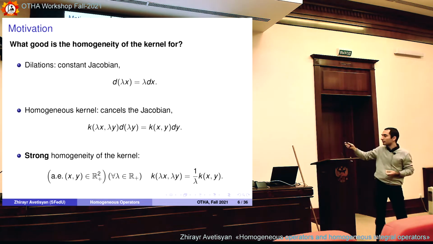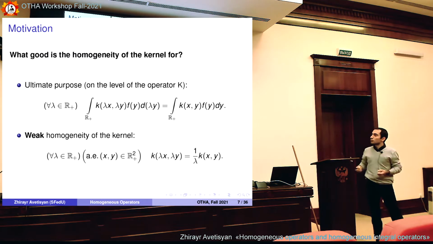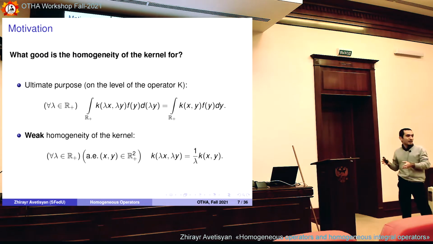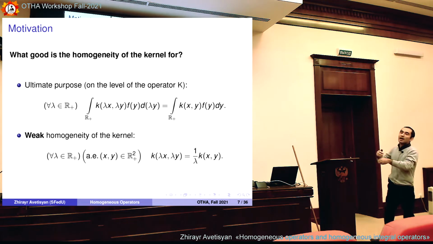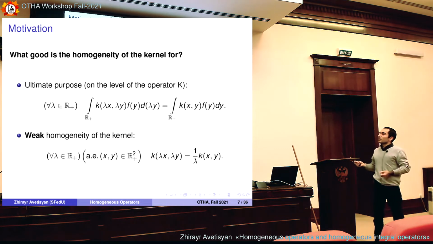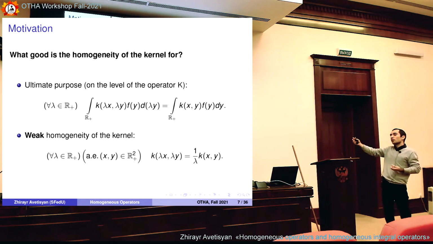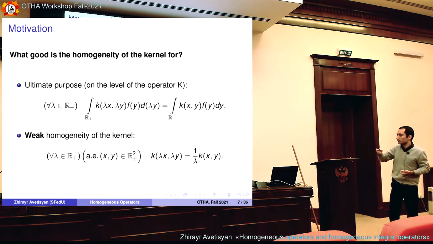It doesn't depend on lambda. Whereas in this weak case, it may depend on lambda. And if you take the intersection over all lambda, you get even an empty set, right? So this weak condition is what actually your integral operator cares about. But it is so weak, it doesn't allow you to say good algebraic things about your kernel. So more practically, you choose the stronger version.